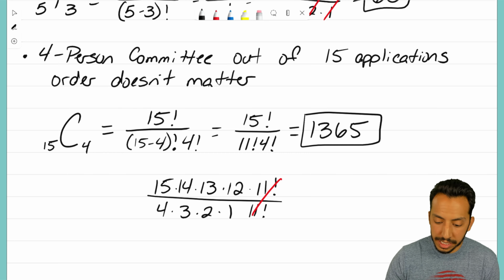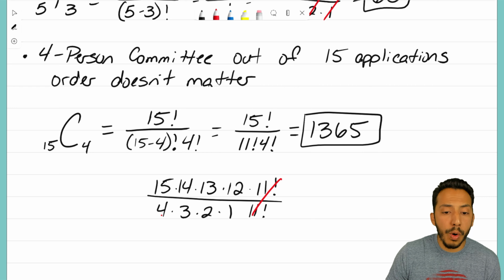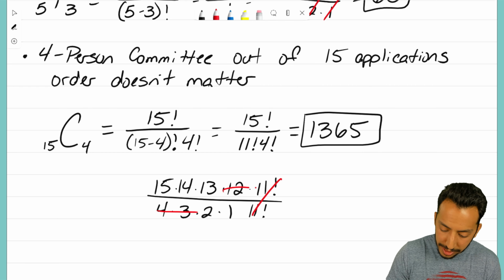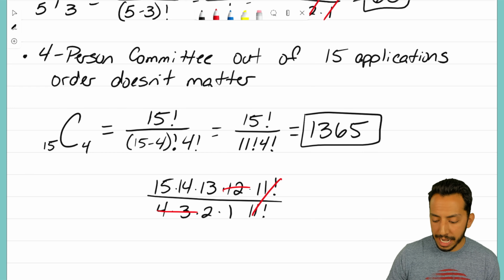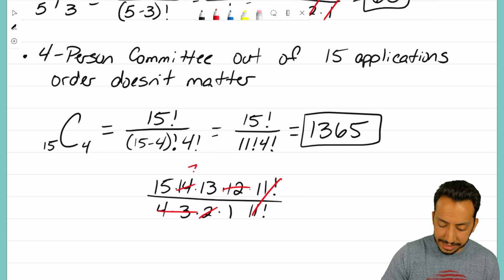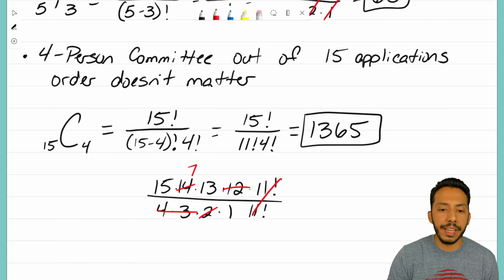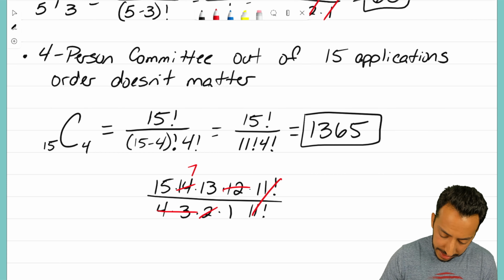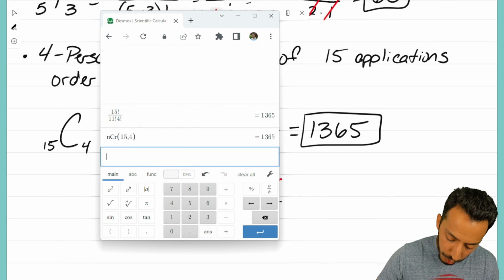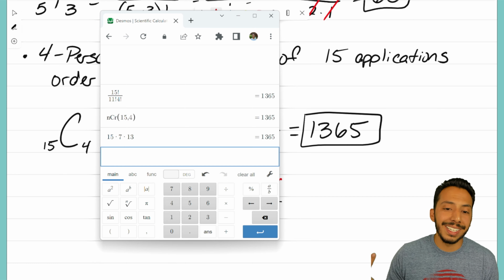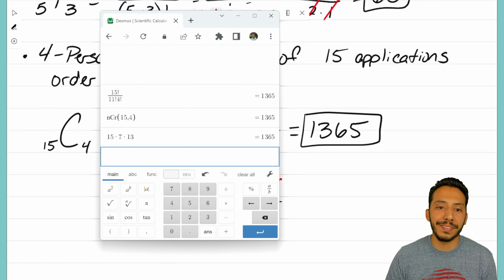Let's see if we can cancel anything out here. Well, look, 4 times 3 is 12, so I can cancel those out. And I'm just left with a 2 on the bottom. Well, 2 goes into 14 7 times. And 15 times 7 times 13, hopefully equals what we just got. It still gives us 1365.